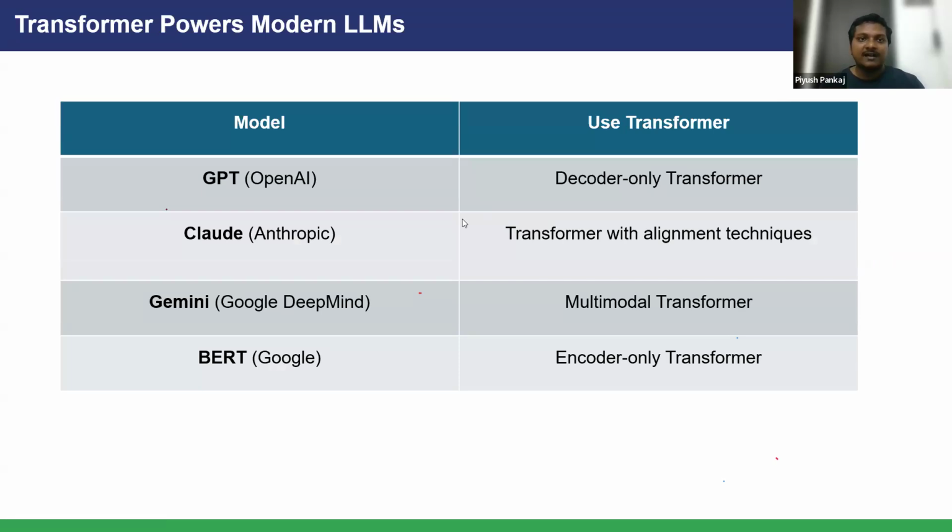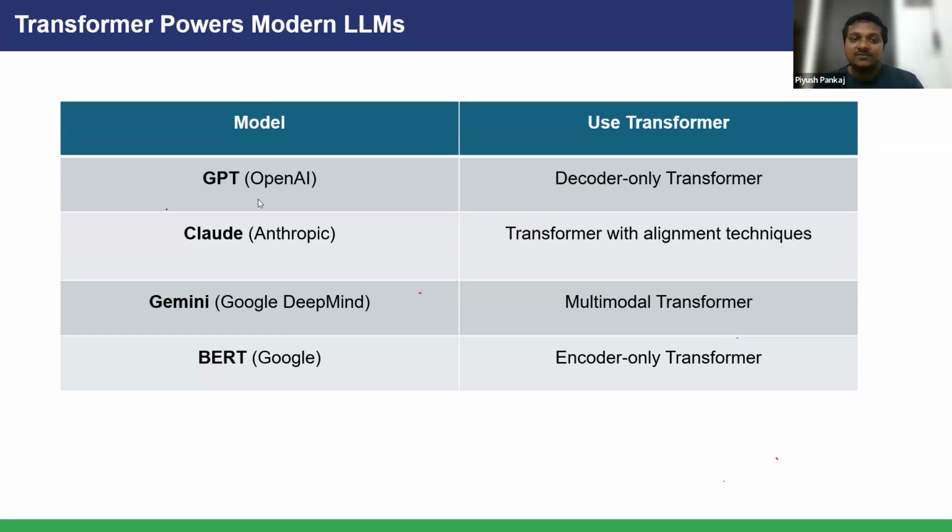Now, transformer based modern LLMs. As I told you, the mother of all the generative AI tools that we have nowadays is nothing but the transformer. It is coming from that research paper that was published in 2017.